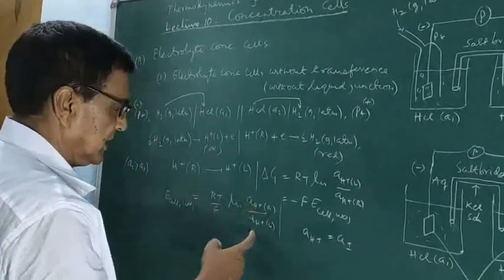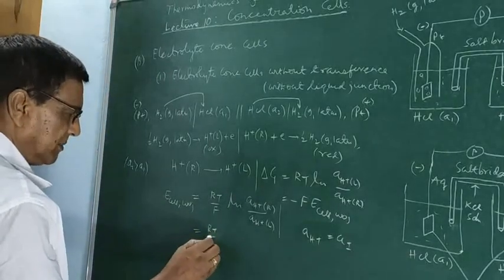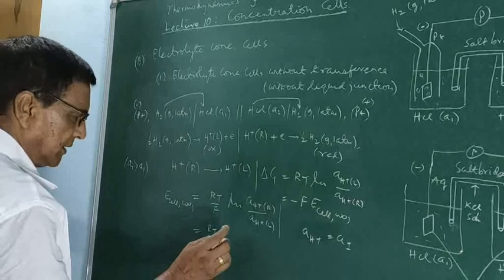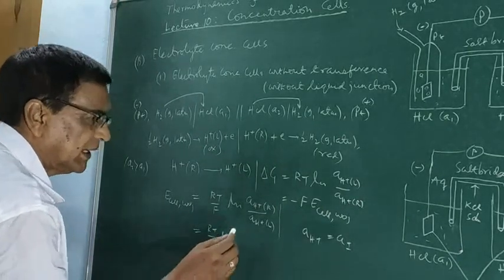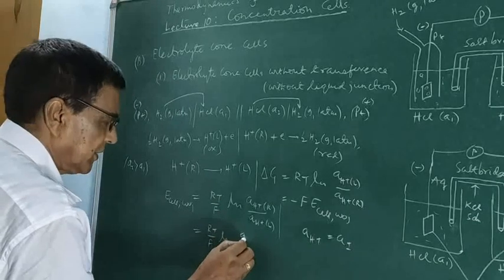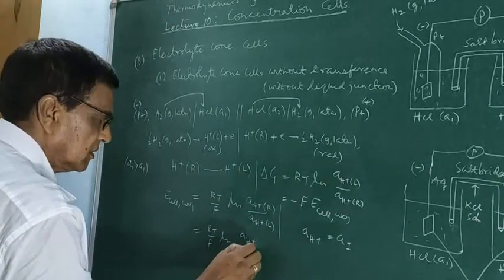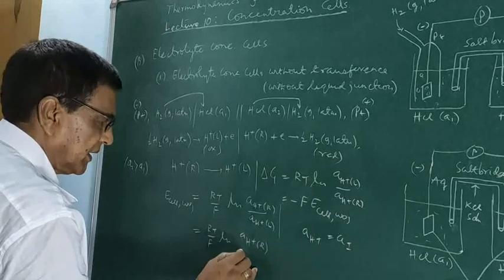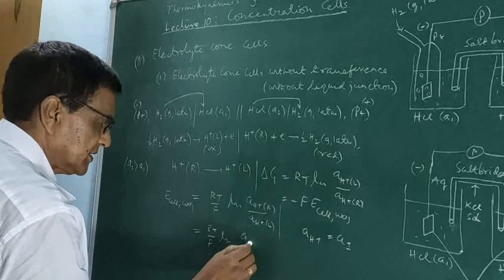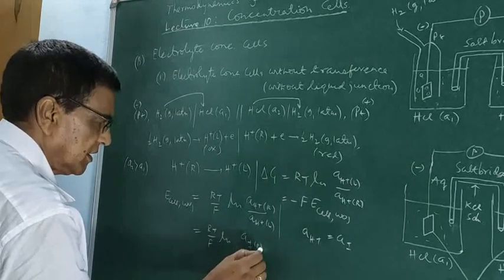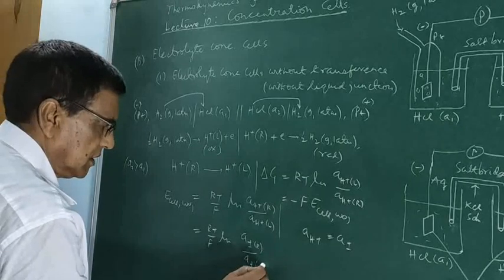So here we can write RT divided by F times ln of A plus minus on the right divided by A plus minus on the left.